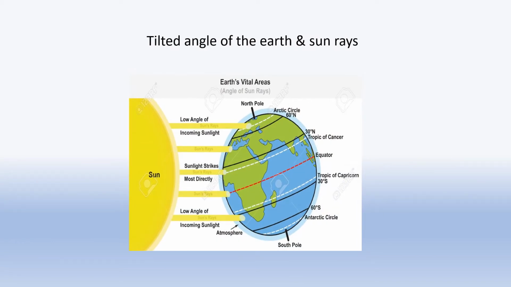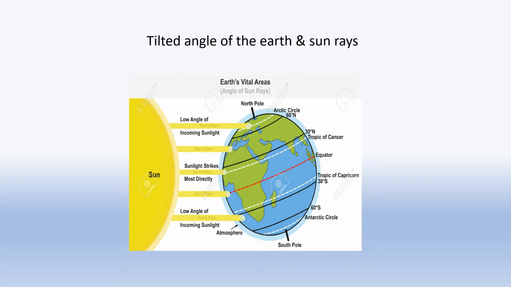Let me begin my explanation of the second topic. In this, you have to remember the tilted angle of the earth. The sun rays near the equatorial belt are mostly vertical and more intense, and therefore they have high temperature throughout the year.